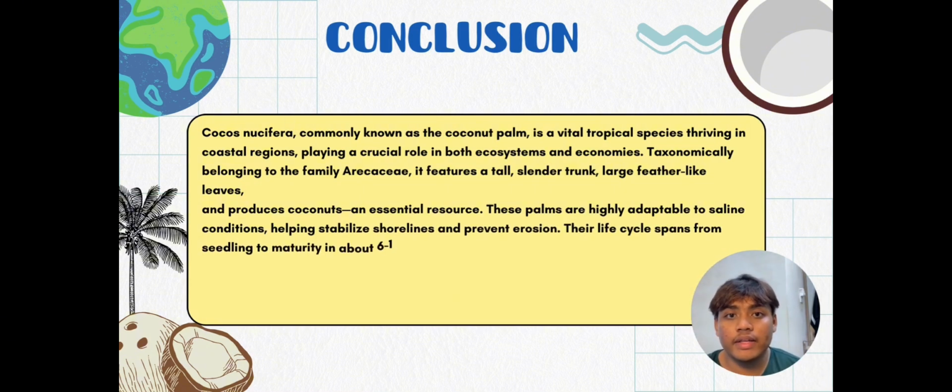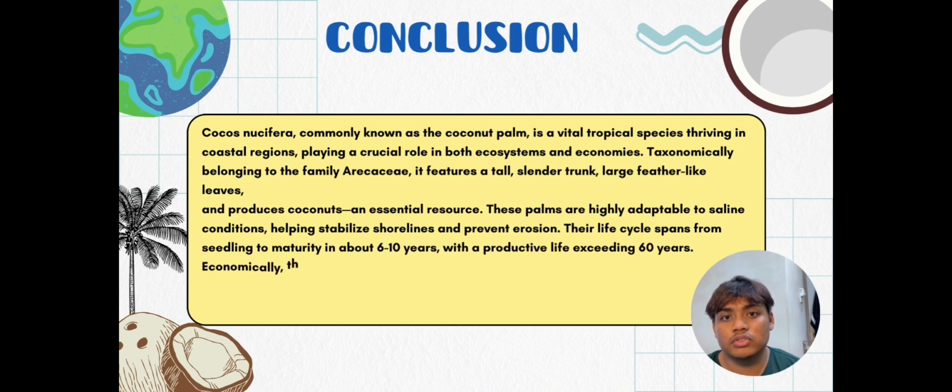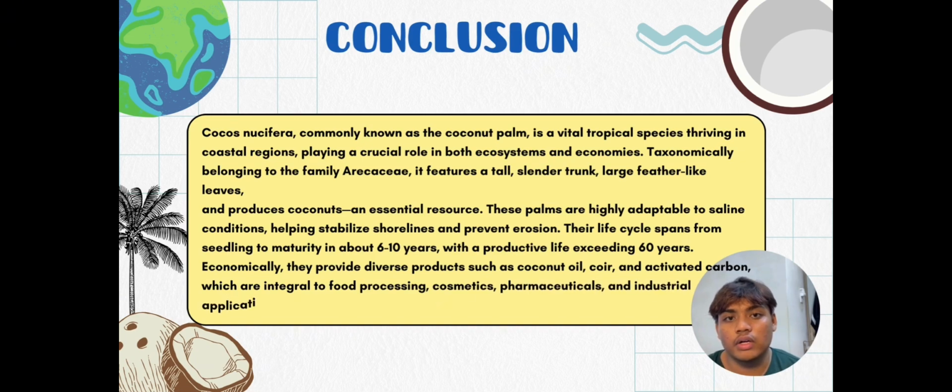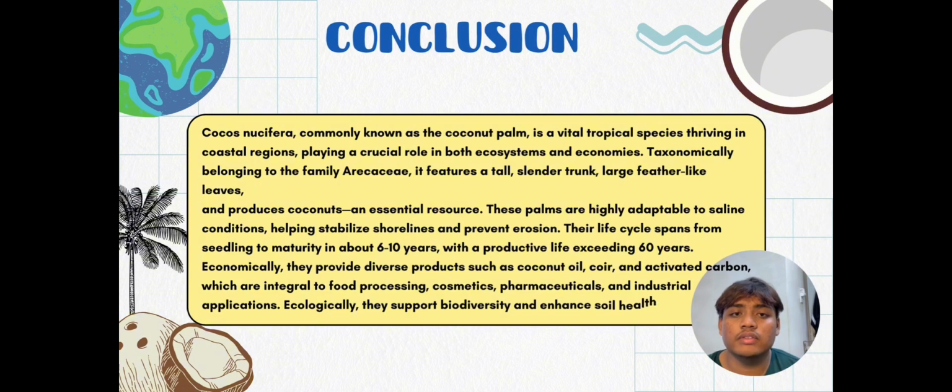These palms are highly adaptable to saline conditions, helping stabilize shorelines and prevent erosion. Their life cycle spans from seedling to maturity in about 6 to 10 years, with a productive life exceeding 60 years.